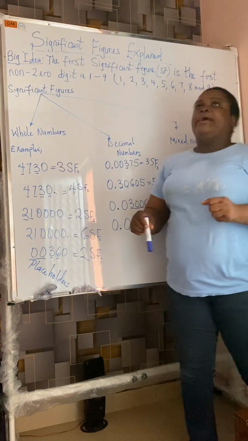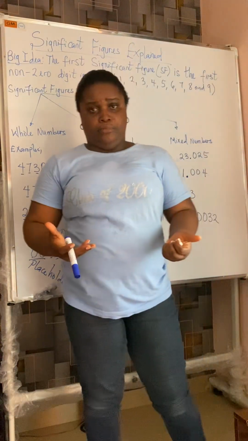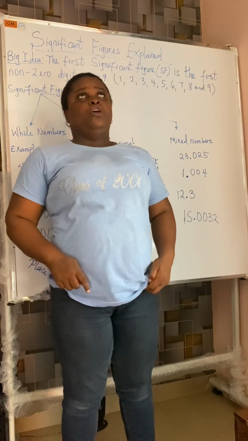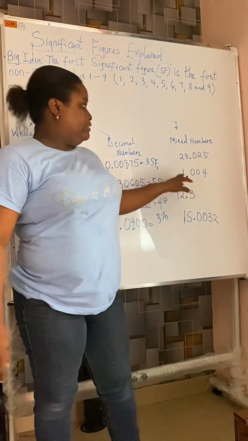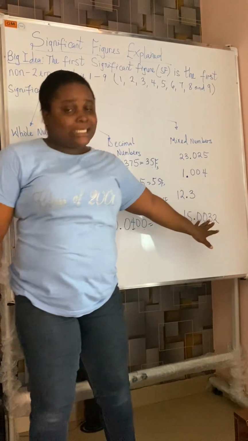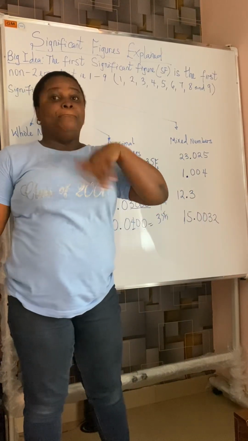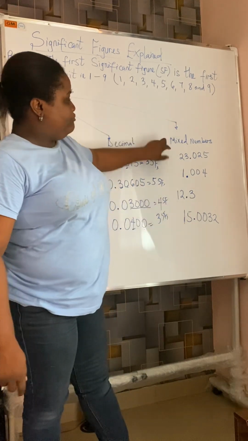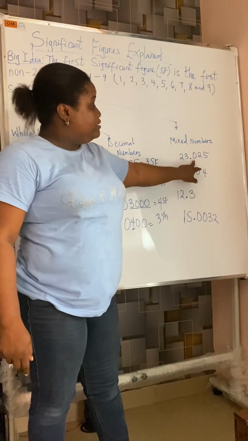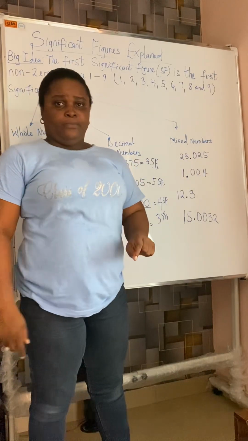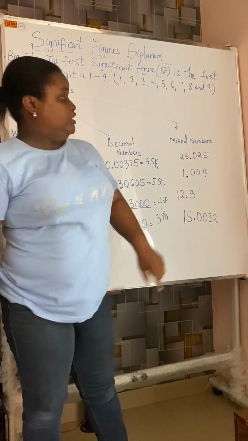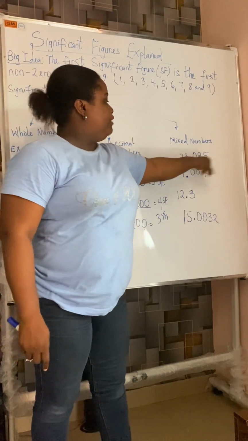But there are cases where we might be given mixed numbers. What I mean by mixed numbers or mixed numerals is that you could have a whole number and a decimal, like 23.025. In 23.025, I have how many digits? 1, 2, 3, 4, 5 digits.